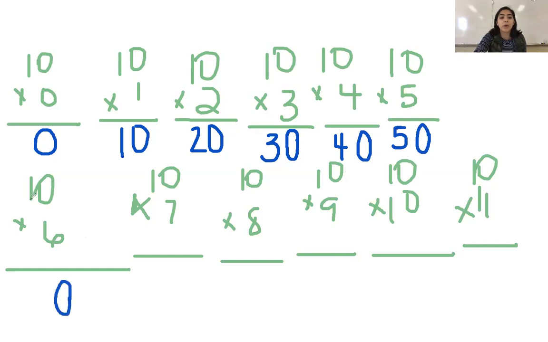And 6 times 1, the 1 acts like a mirror and it tells the 6 who it is. And the answer is 6 times 1 equals 6.